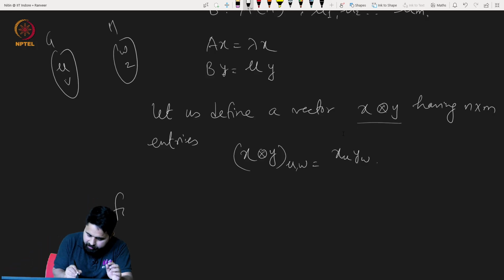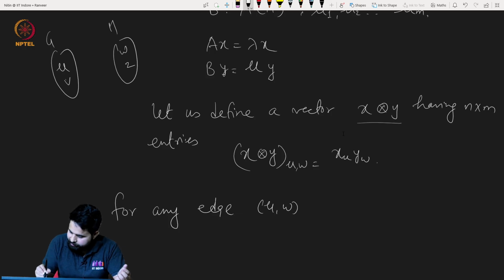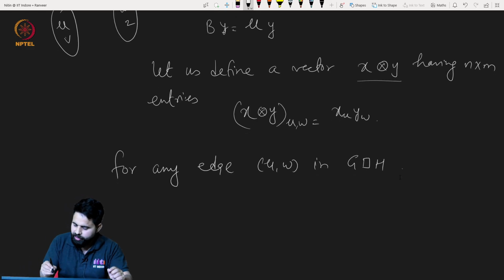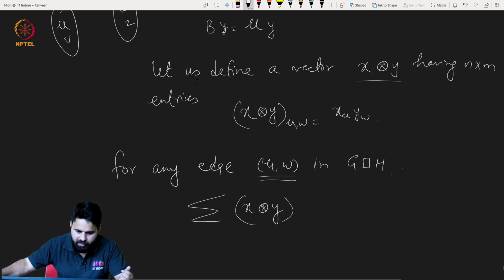Now you see that for any vertex (u, w) in the Cartesian product of G and H, what will be the equation? Let us see what the quantity will be. We take the summation of the entries of this vector over all the neighbors of the vertex (u, w) in the Cartesian product.